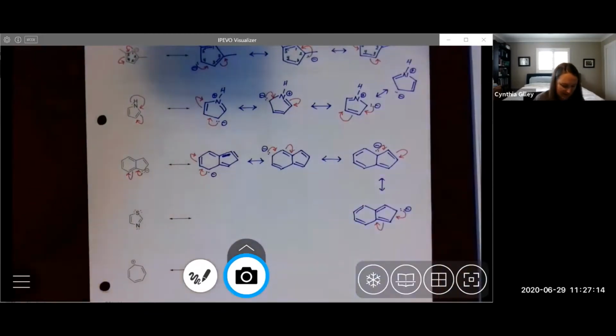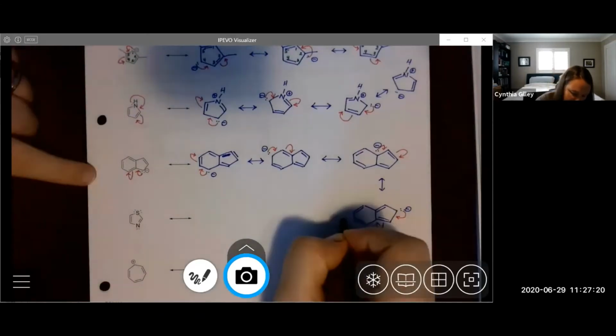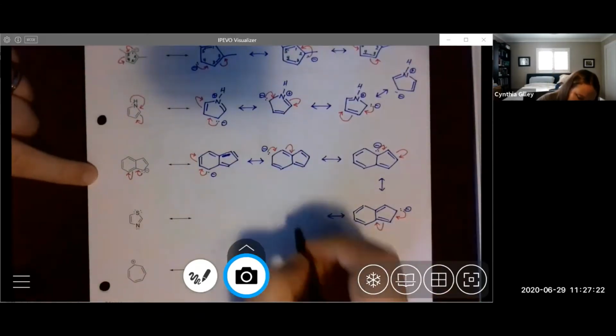So now we're kind of headed back towards all the positions we missed. We're moving the charge and locating every other atom.